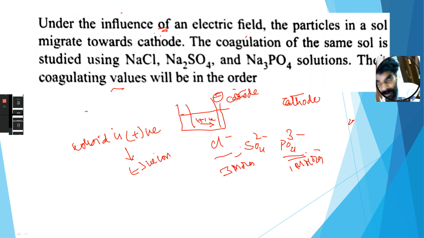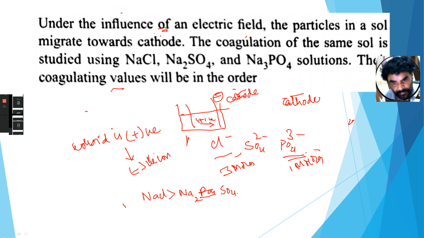So higher coagulating value: this is sodium chloride. Next one is Na2SO4.